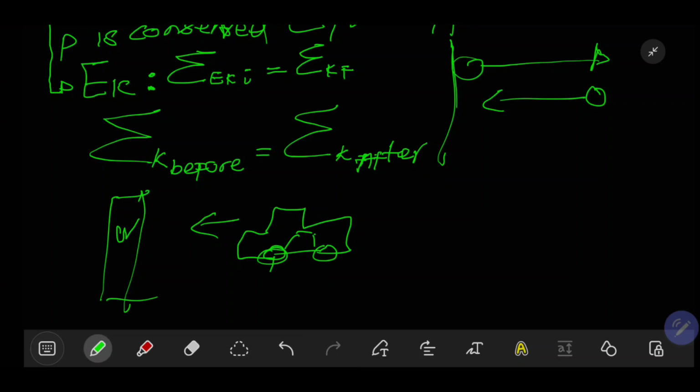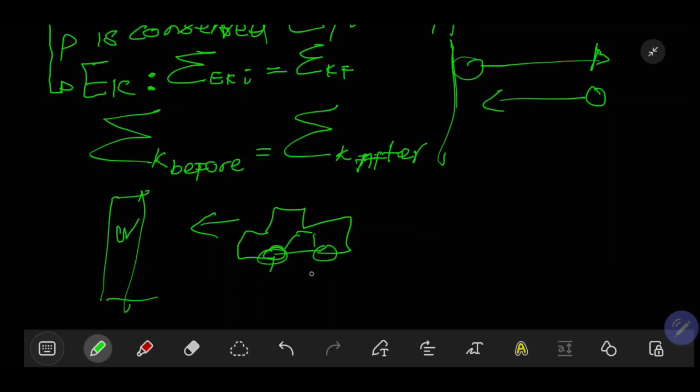The car will crash, and when that happens, the kinetic energy will not be conserved and will be transformed into other forms of energy. We know that when a car crashes, we hear a sound, so that energy can transform into heat or sound. So in an inelastic collision, our EK is not conserved.